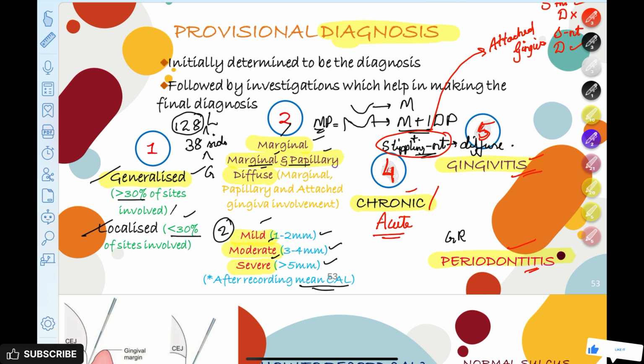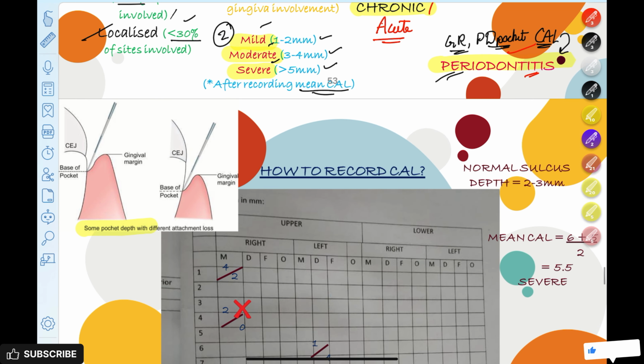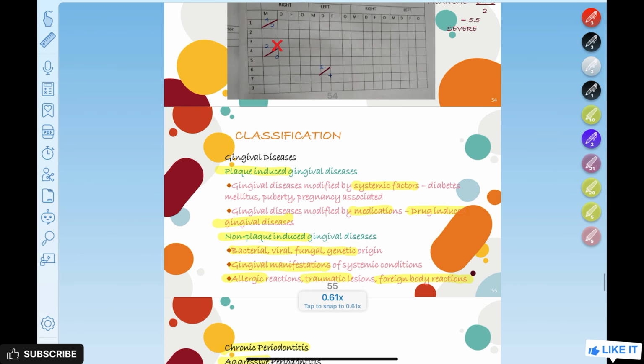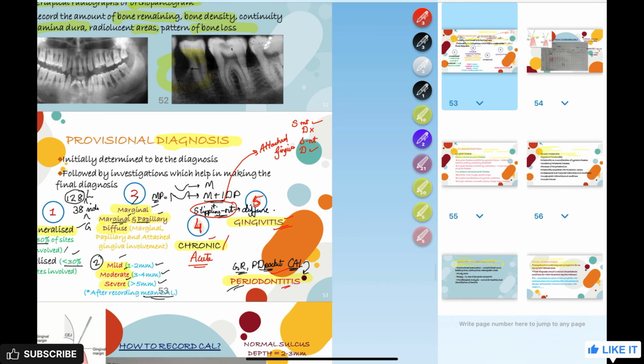In the case of gingival recession, periodontal pocket or CAL, that is clinical attachment loss, it is a case of periodontitis. So in any case, if you see gingival recession, periodontal pocket or clinical attachment loss, you have to write the diagnosis as periodontitis. Simple. So for example, I will give you a diagnosis.